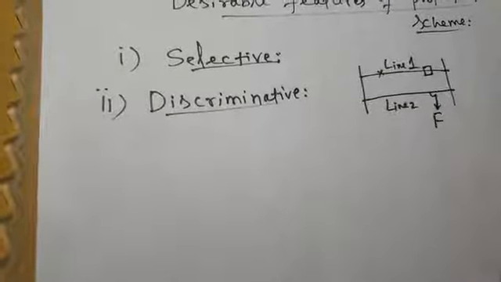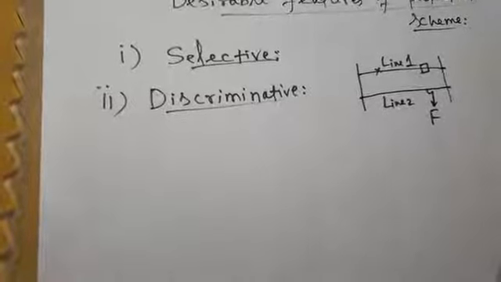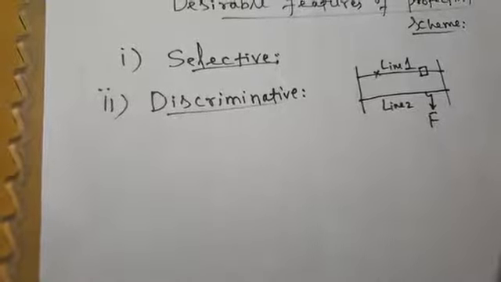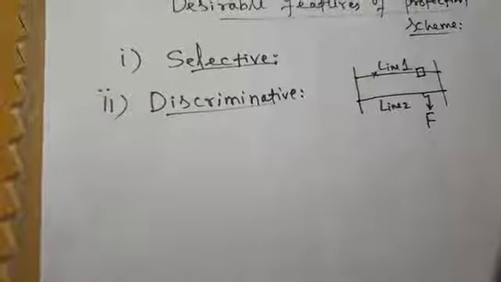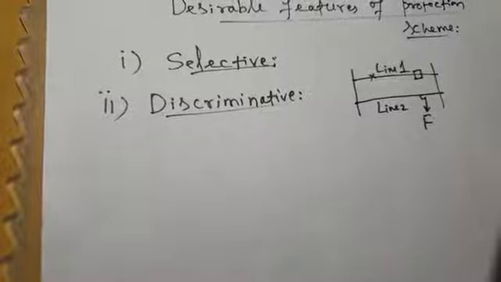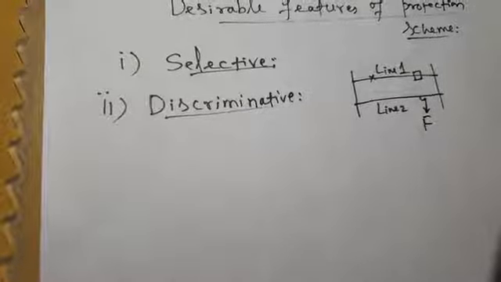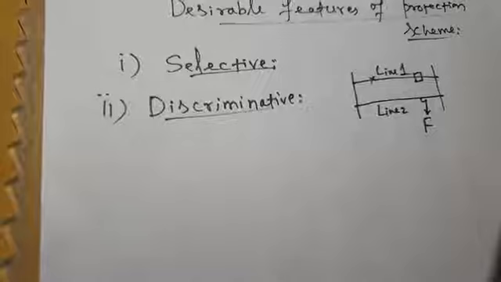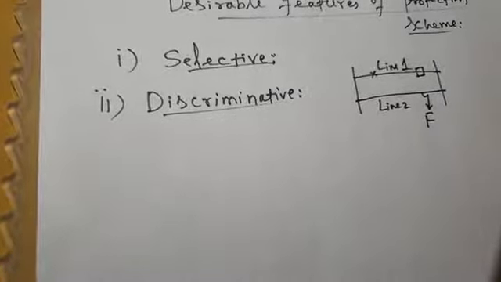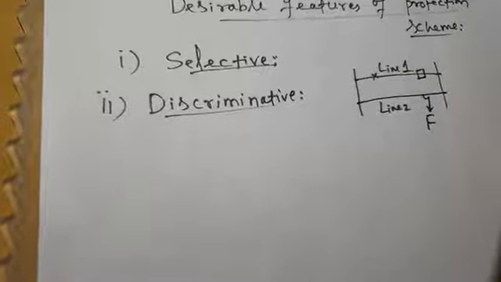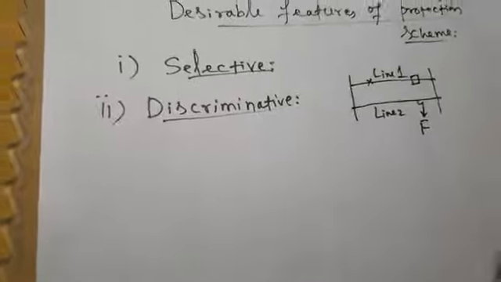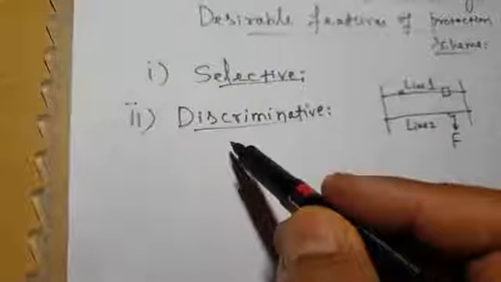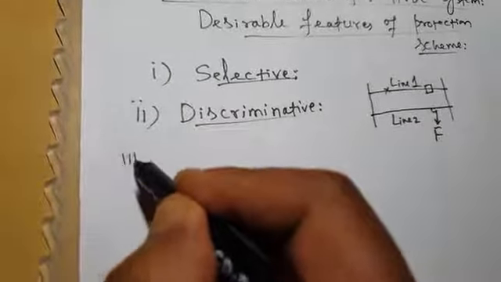The fact is that the current level increases in both cases, fault as well as overload. But your protective scheme should discriminate between fault and overload, and it should operate only for fault conditions, not for overload conditions. So this is what we mean by it being discriminative.